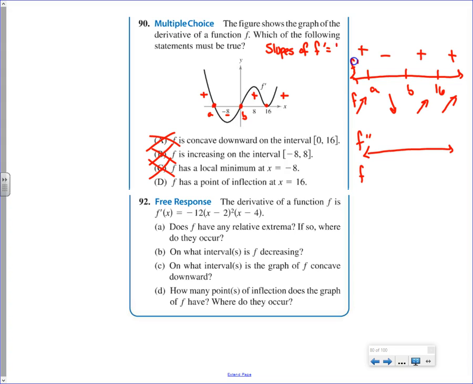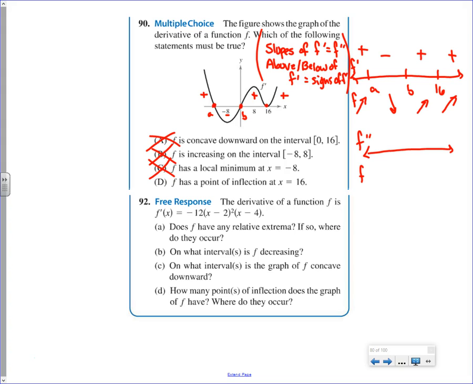The slopes of f prime are f double prime. Here's my hint. The above or the below of f prime are the signs of f prime. And then the slopes of f prime are f double prime.